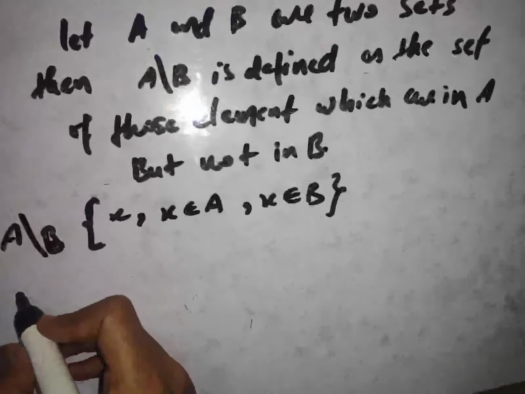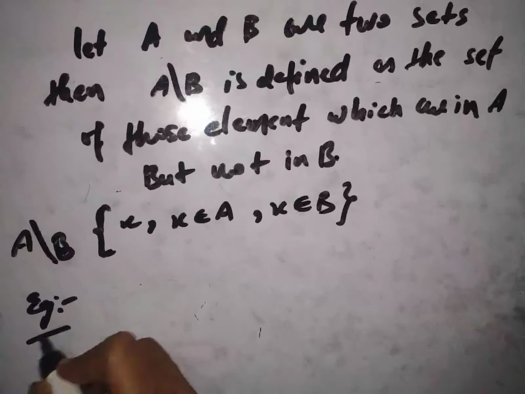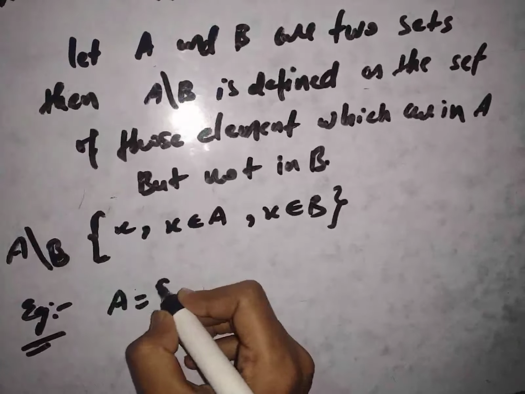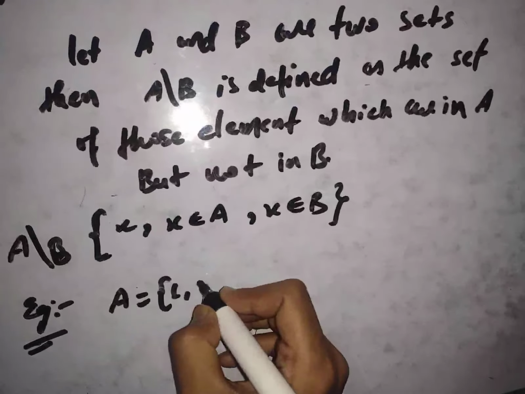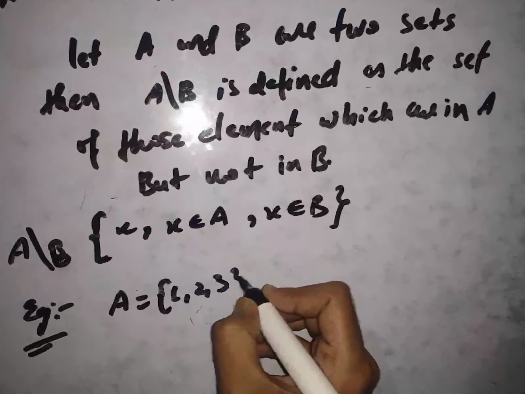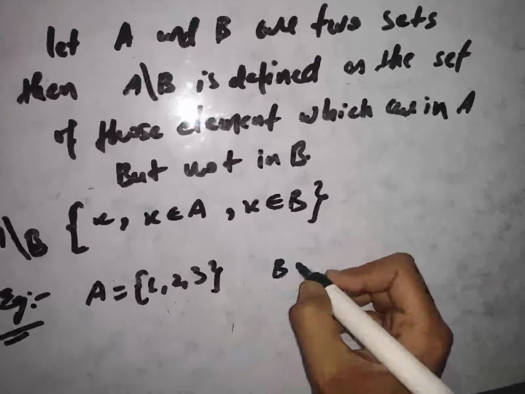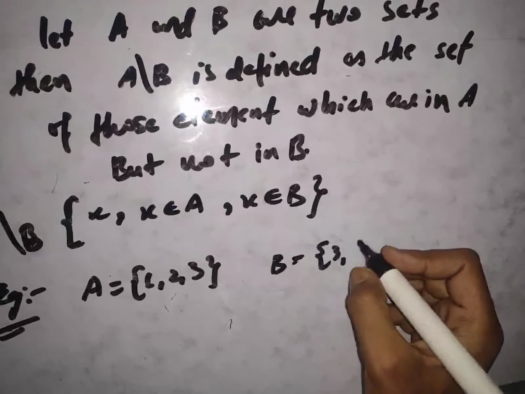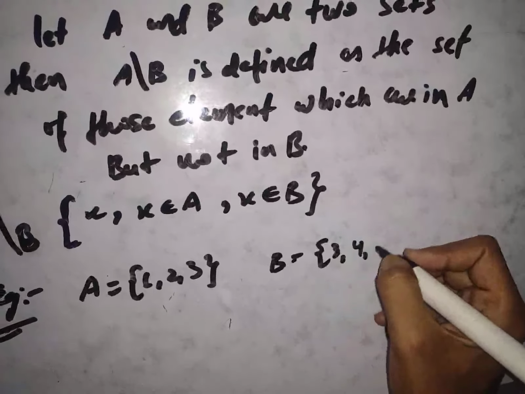And let's understand with the help of an example. Let's take an example for our easy understanding. So let there be a set A: 1, 2 and 3, and set B, which is 3, 4 and 5.